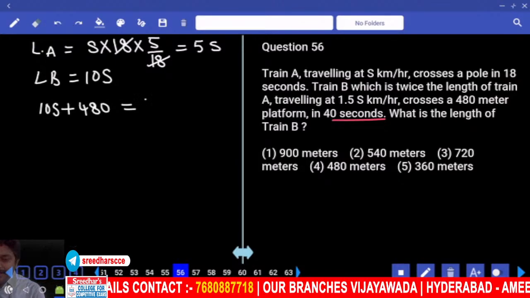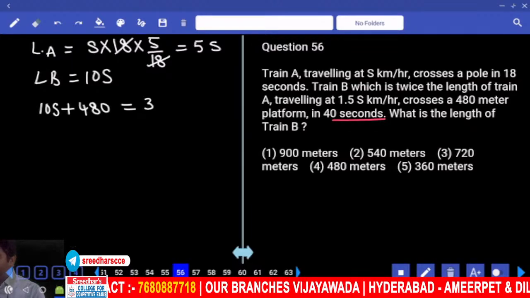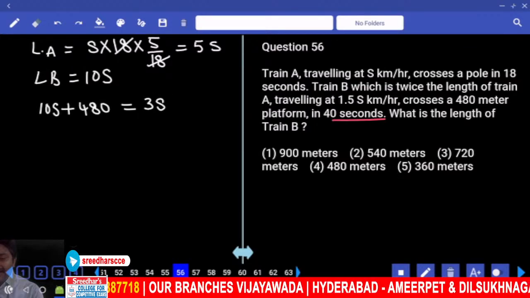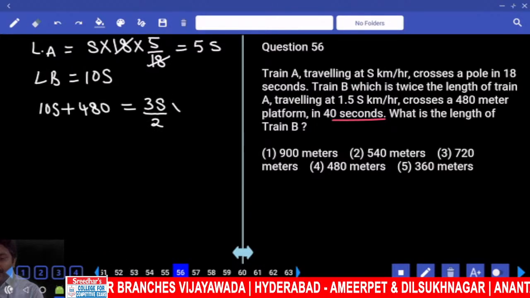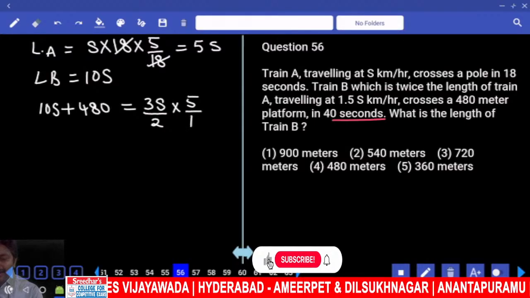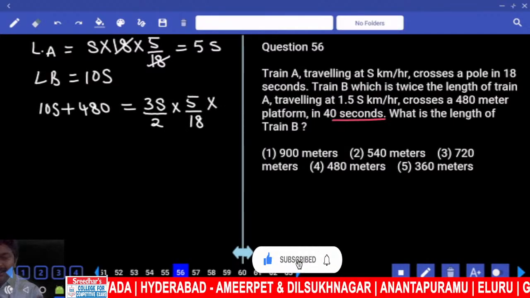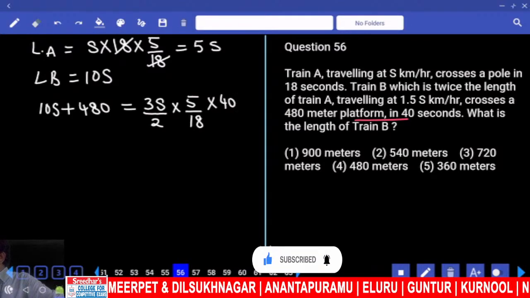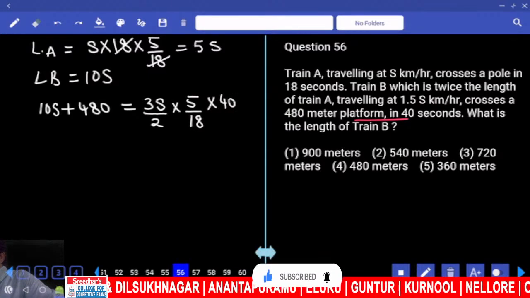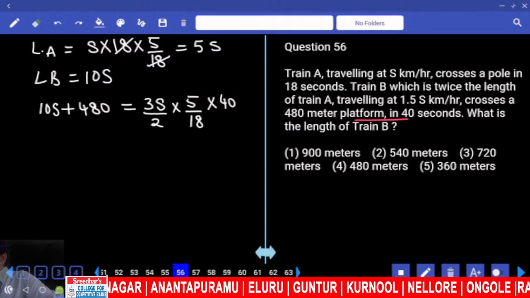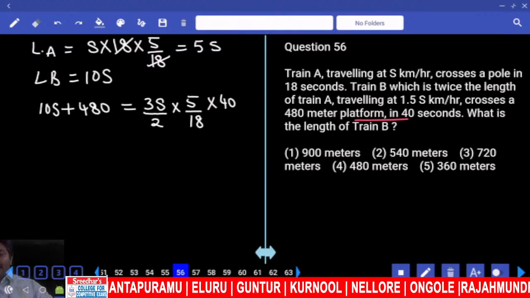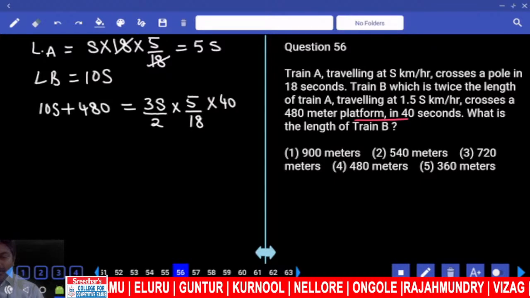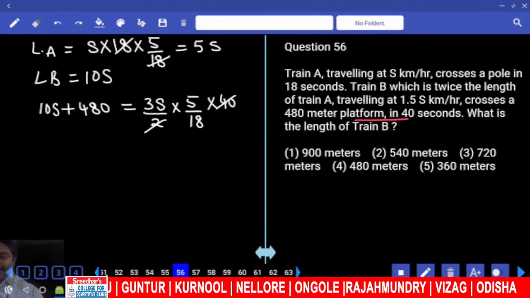Speed of train B, 1.5S, that I will treat as 3S by 2. Kilometer per hour converted to meter per second, 5 by 18, into time taken 40. If you solve this, you will get S value. Come on. 2, 20 times.